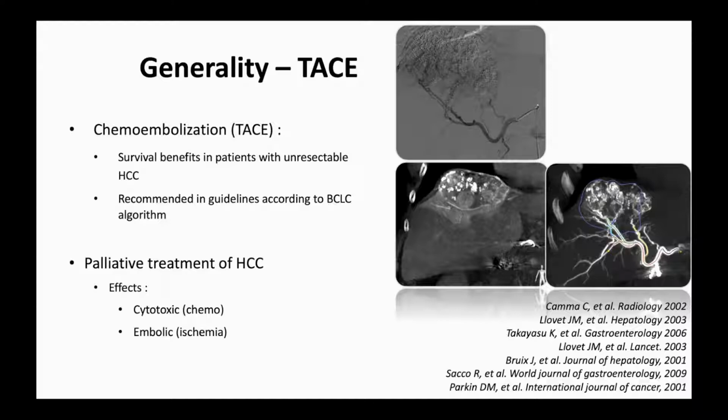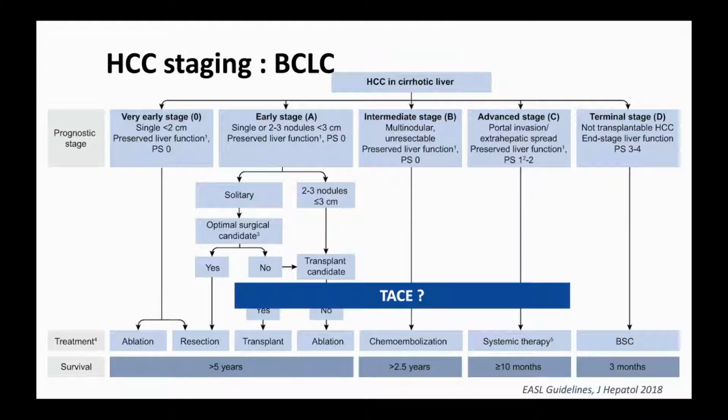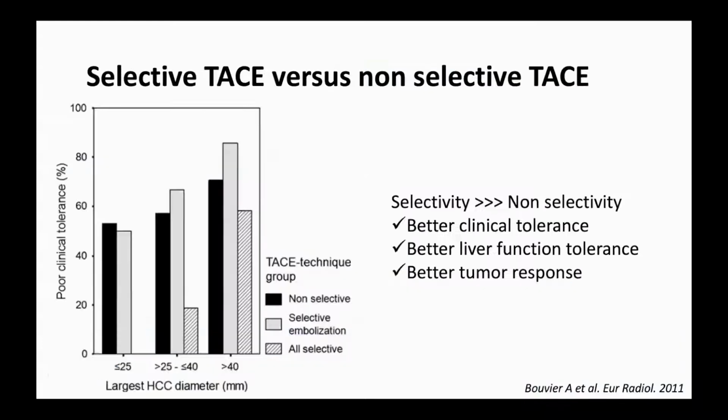to ischemia. When we look at the BCLC staging system, TACE is recommended for the intermediate stage of HCC when it's multinodular and unresectable with preserved liver function. But actually, we are using TACE for way more patients.